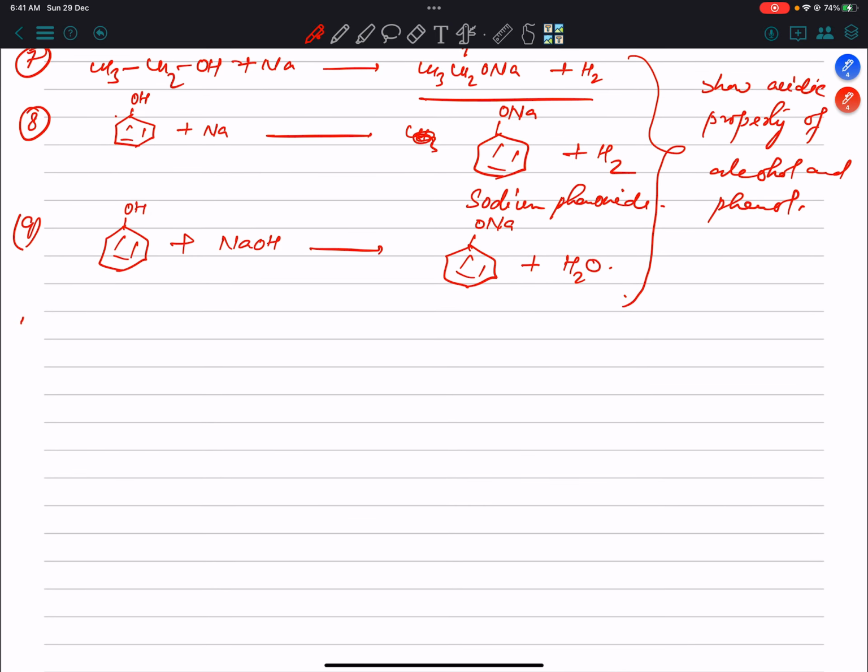The next reaction is when an alcohol reacts with concentrated H2SO4 at 443 Kelvin, then alkene is formed. This is a dehydration reaction.